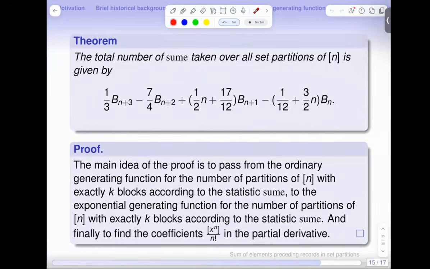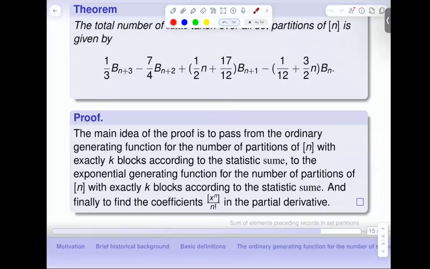So the total number of sum taken over all set partitions of n is given by this. Note that this is a very nice expression because it's in terms of Bell numbers.